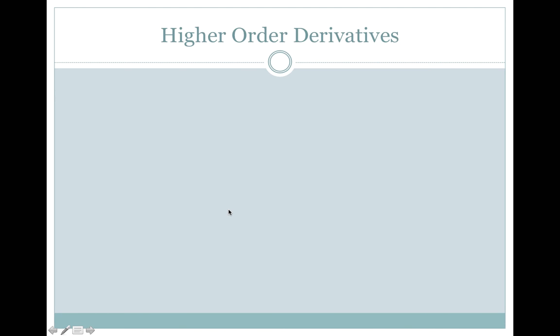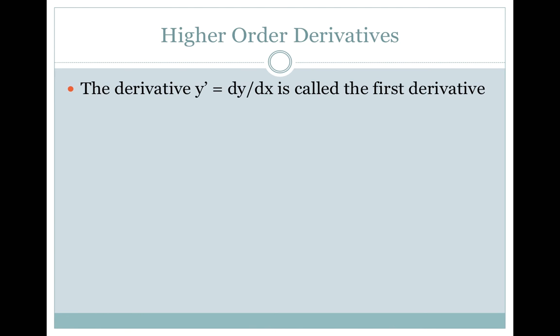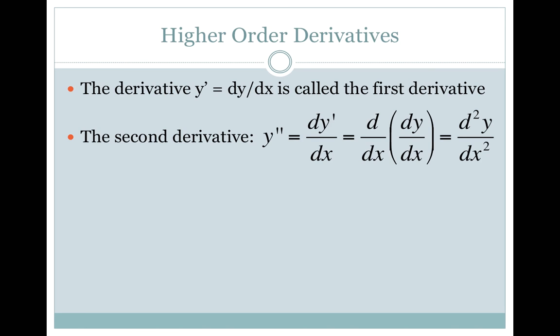Now, there are higher order derivatives that we need to pay attention to. When we look at y prime or dy dx or f prime, that's called our first derivative. Now, there are things like a second derivative, and it looks like this. These are the 4 different ways we could write it.